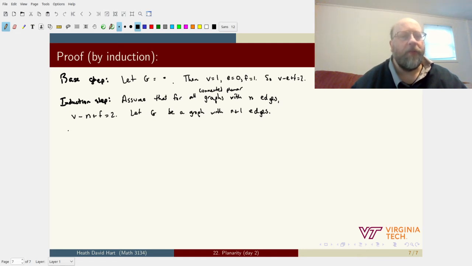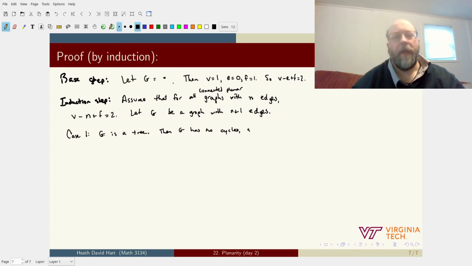So we're going to look at two cases. Case 1, G is a tree. So if G is a tree, then G has no cycles. And so we know something about the tree, that the vertices will be n plus 2. There'll be one more vertex than the number of edges. Edges will be n plus 1.